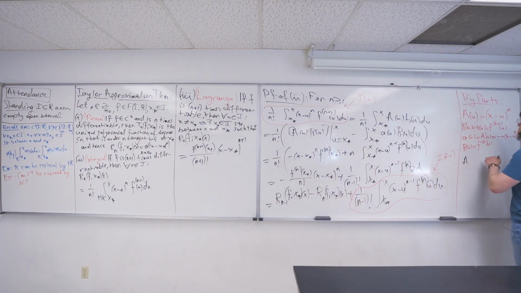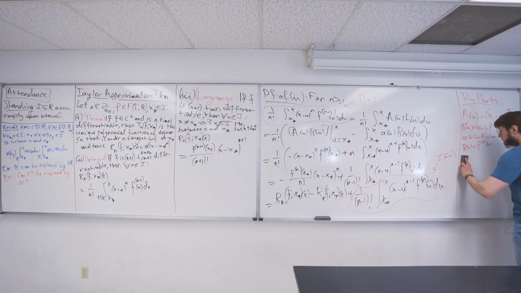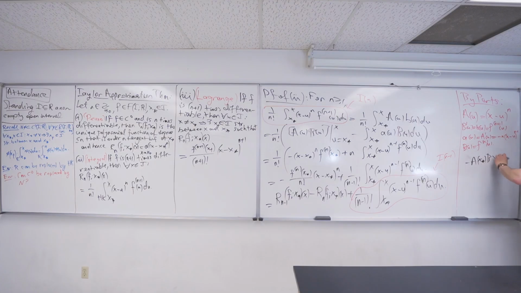So a of x, that's fine, minus a of x star, b of x star, okay, minus x star raised to the power n, and then nth derivative at x star.